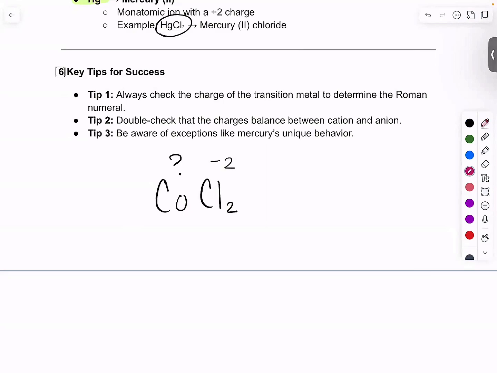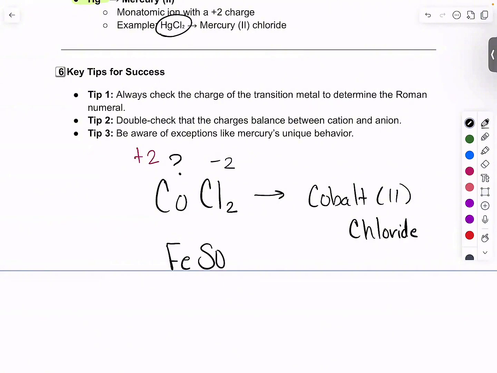So we have to have a +2 to balance that out. So we'll have Co, cobalt(II) chloride. All right. We could also have a transition element with, say, a polyatomic ion.